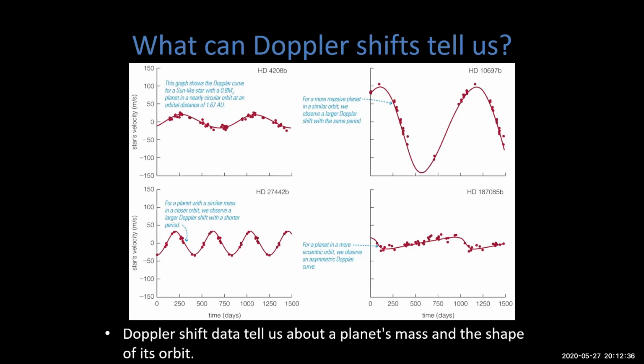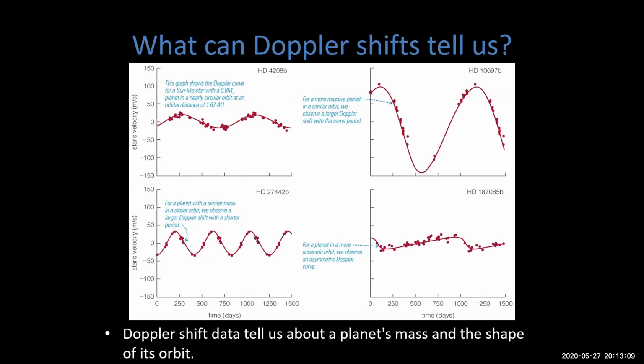Kind of like comparing the upper left image here to the upper right image here. You also get an idea about how circular or eccentric the orbit is. A very regular circular orbit would have something like the bottom left graph, versus something very eccentric, very oval shaped, would be more like the bottom right graph.